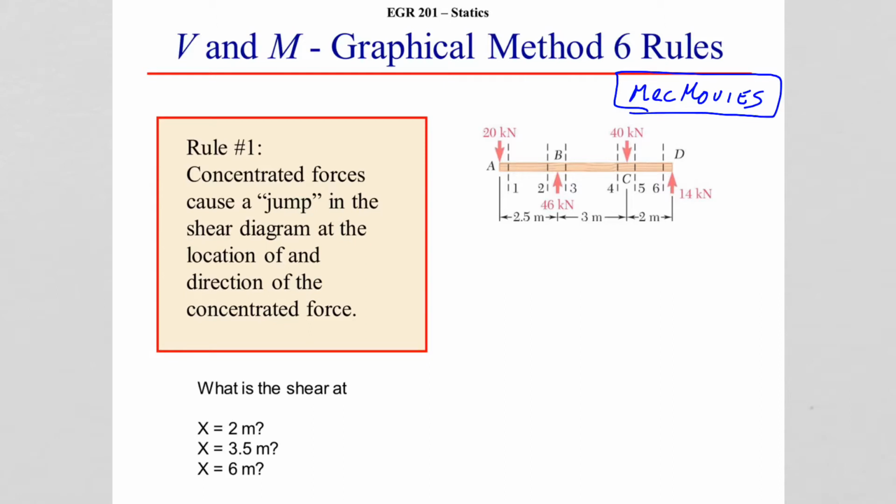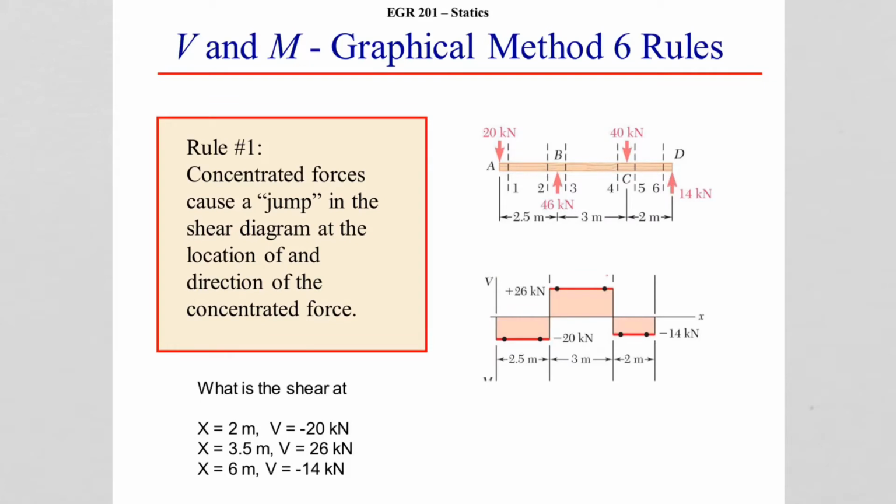Some of these rules are things that we've already discussed, but they're kind of good to look at. The first rule says a concentrated force causes a jump in the shear diagram at that location of the direction of the concentrated force. So you see here in this example that we have a 20 kilonewton force. It jumps down to 20 kilonewtons.